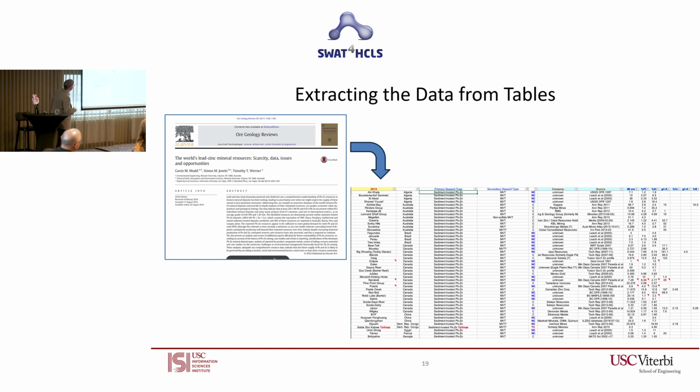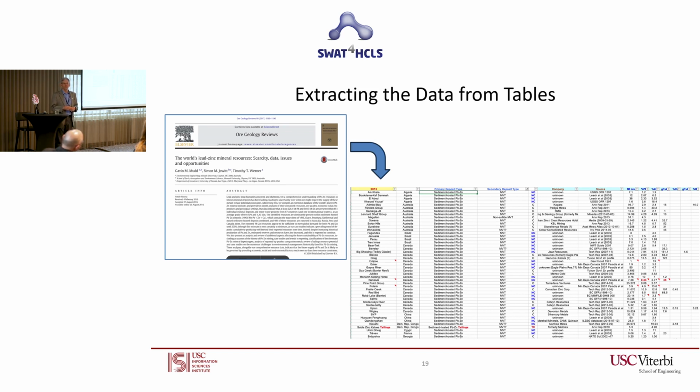The thing that's really quite complicated, and it's a little hard to see on this, is that when you get over here into the details, it lists a whole variety of commodities, and for each of the individual commodities, what the grades are. And the grades are often represented in complicated ways, right? They have different kinds of units. They don't do things like we would expect, where they just say, okay, here's the grade in percent for this particular commodity.